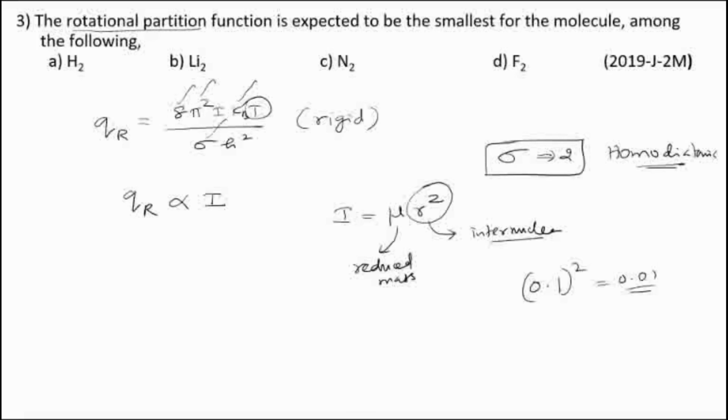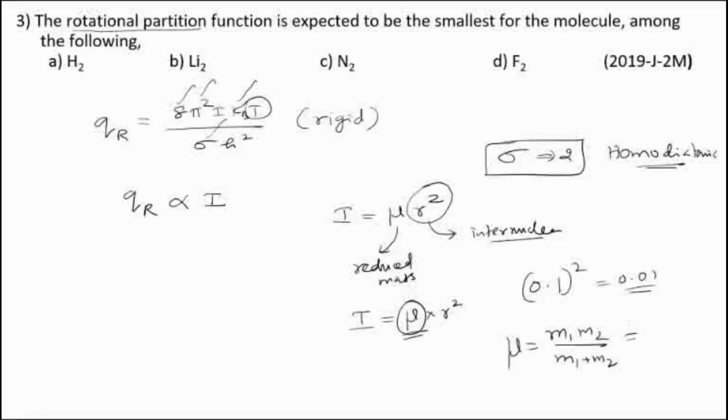Therefore, moment of inertia now is determined specifically by reduced mass. Reduced mass is the dominant factor which determines the moment of inertia. Now, if you calculate reduced mass for these molecules, okay, you know very well what is reduced mass. Reduced mass is nothing but m1 into m2 by m1 plus m2.